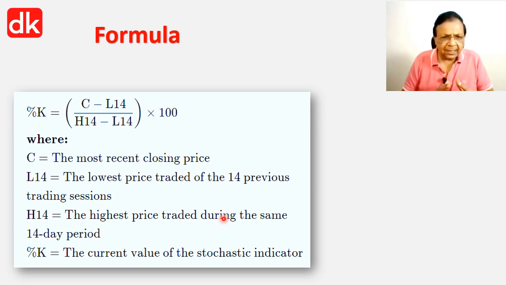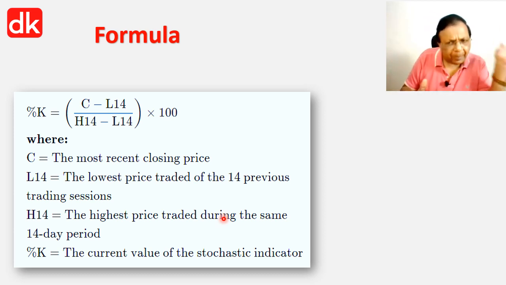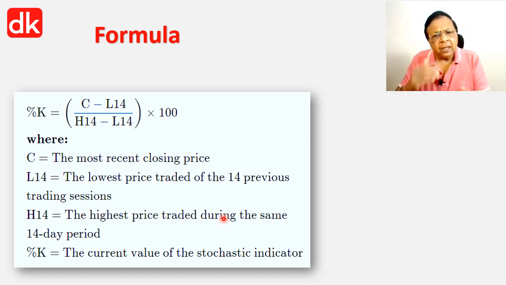Now once percentage K has been calculated, because the market will be opening the next day also, it will take into consideration the past 14 days to arrive at the highest and the lowest price range, or the price traded in the market in those selected time periods.